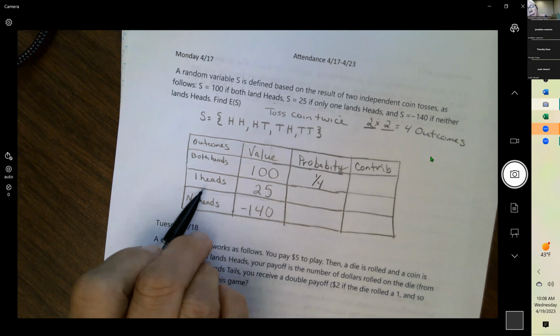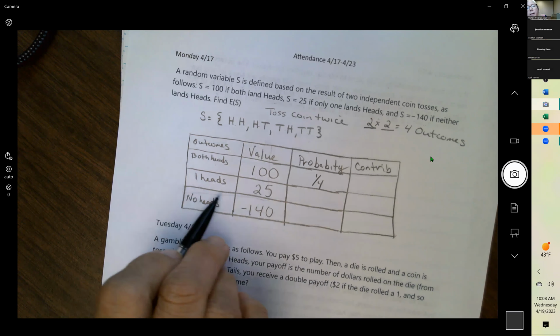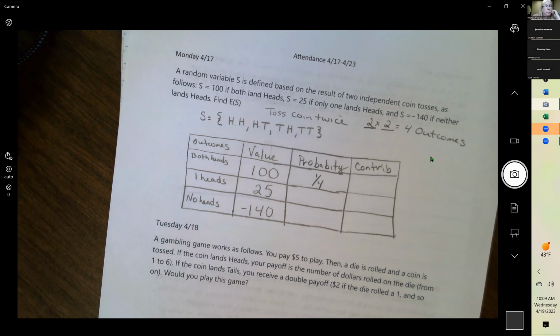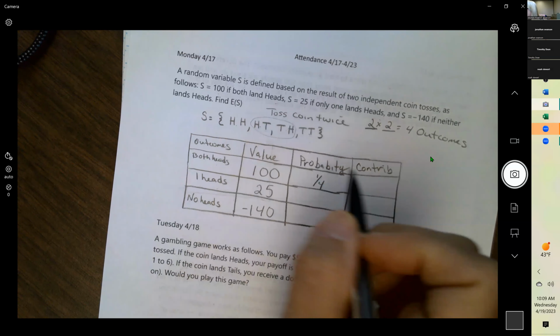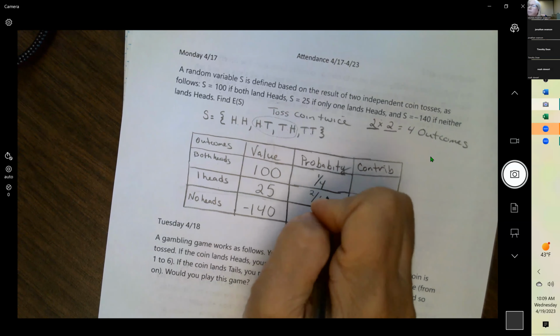What's the probability that there's 1 heads? Anyone? 3/4. 3 or 2? We want only 1, so it would be these 2 out of the 4.